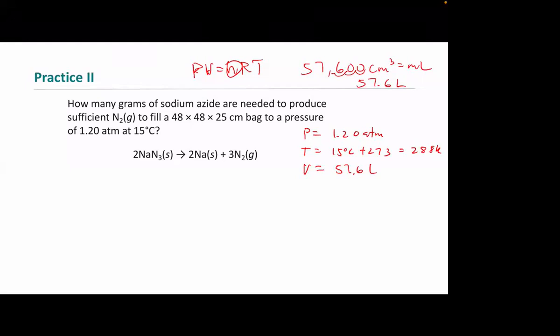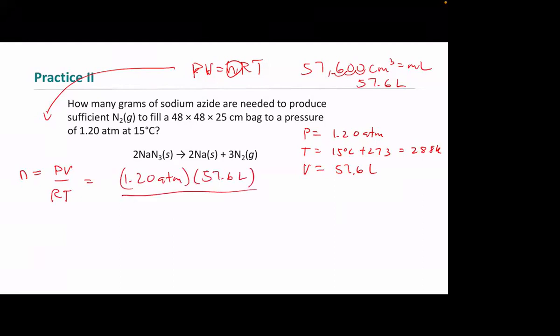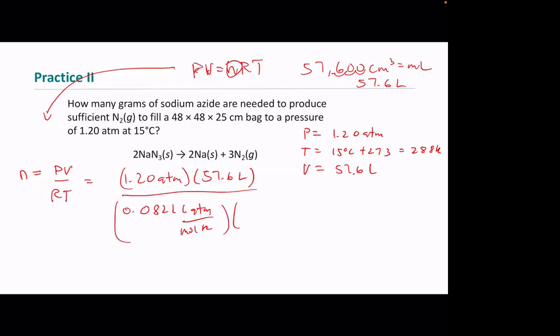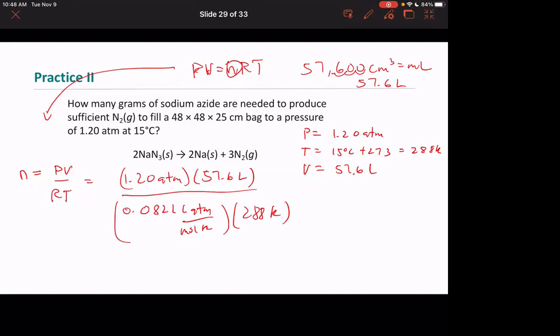All right. P equals nRT, rearranged. 1.2 atmospheres, 57.6 liters, 0.0821 liter atmospheres per mole Kelvin, 288 K. Just double checking again, I did this right. 1 over moles again, good to go.